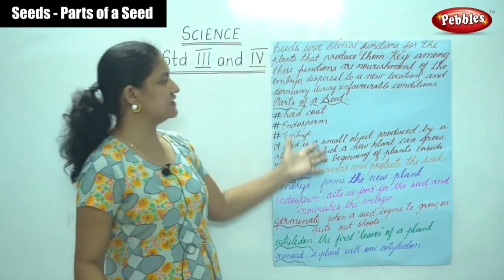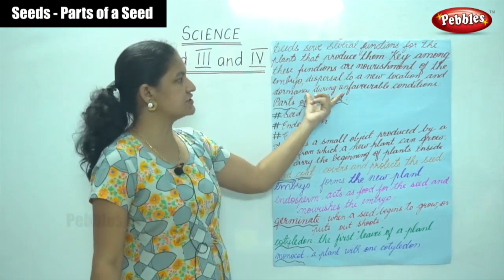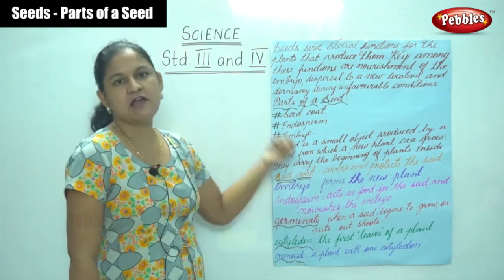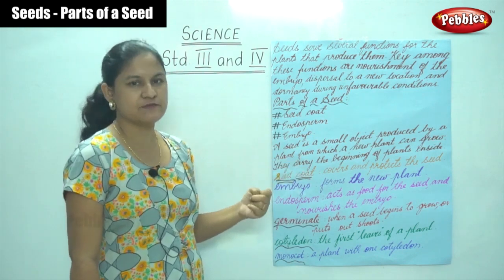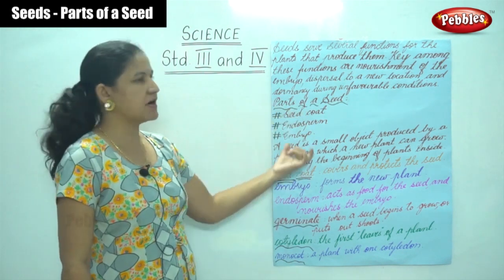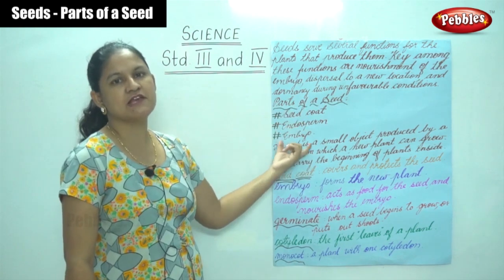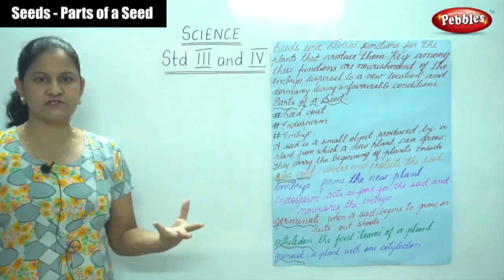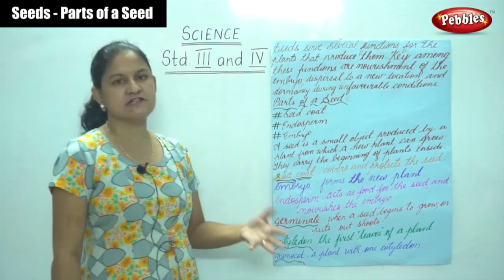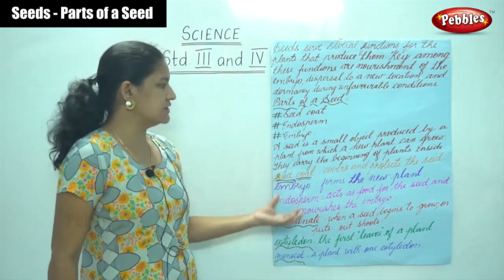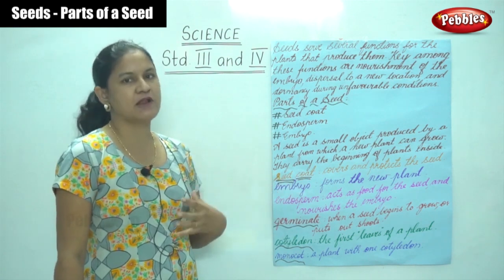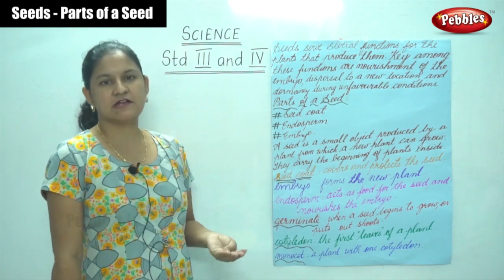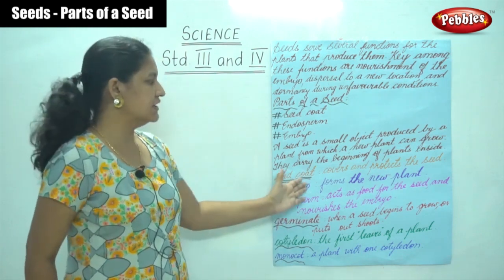So we have seen the key functions, that is nourishment of the embryo, dispersal to a new location, and dormancy during unfavorable conditions. And the parts of a seed, that is the seed coat, the endosperm and the embryo. A seed is a small object which gives rise to another new plant, and they carry the beginning of plants inside it. The seed coat gives protection or covers the seed.